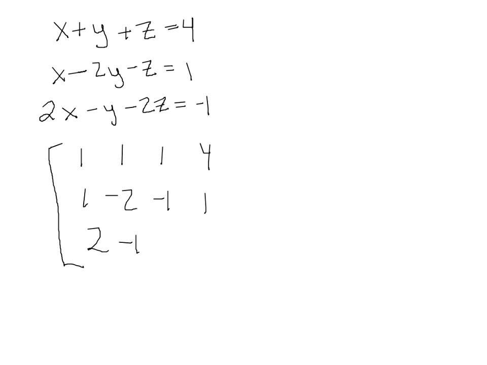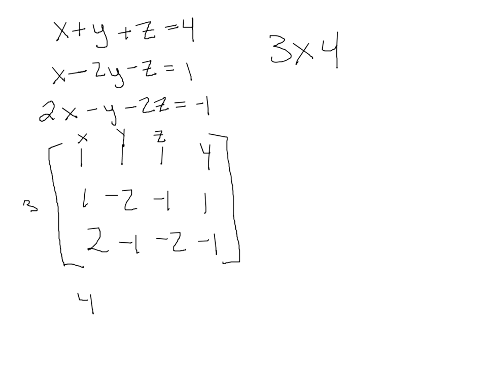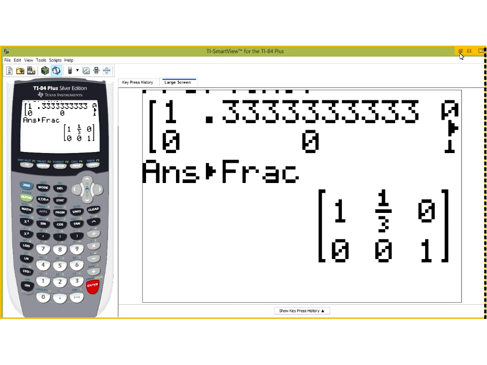And then 2, -1, -2, -1. Okay, now this has 3 rows and 4 columns, so it is a 3 by 4 matrix. We still have the first column is X, second column is Y, third column is Z. Okay, so we go to the calculator.